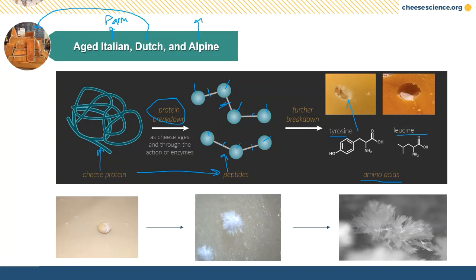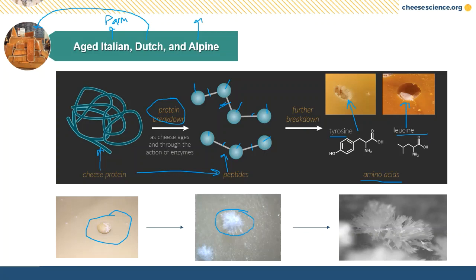And here you can see a picture. This is some tyrosine in the eye of a piece of Comté or Gouda, I believe. And here's actually an interesting leucine crystal I found in a piece of mimolette while I was at the University of Vermont. And it was just pure leucine, and very interesting crystal. And in mimolette, who'd have thunk it? But these crystals themselves are quite beautiful if you zoom in on them, and that's what I was trying to show here, that here's the eye of a piece of Gruyère, I believe, and if you zoom in on that, this is sort of what that tyrosine crystal looks like.